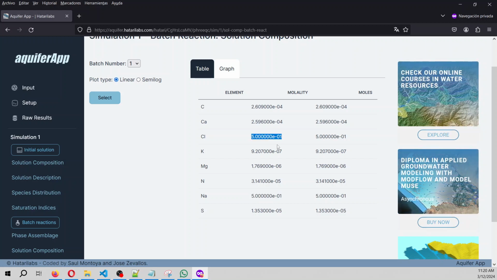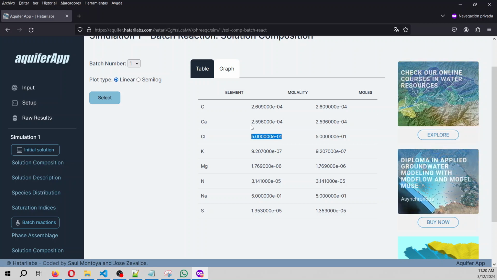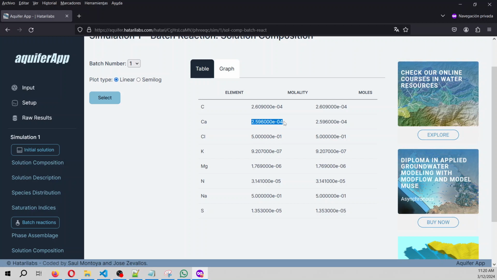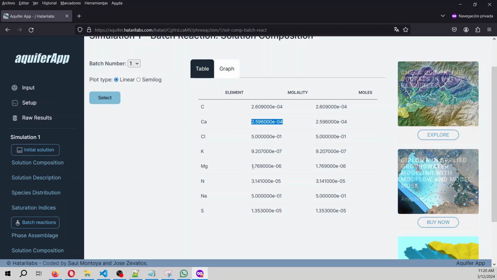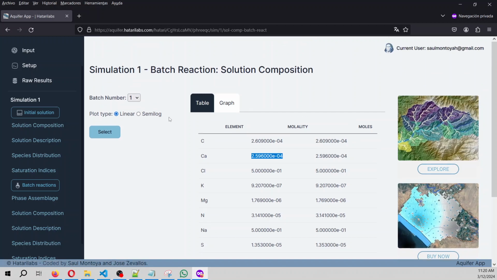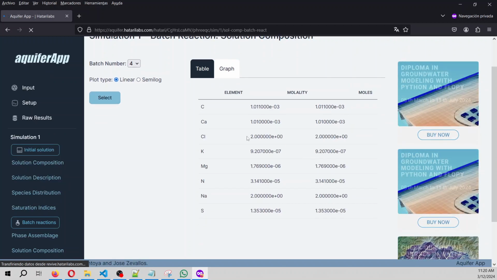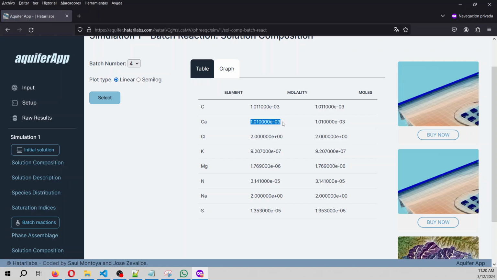As well we have 0.01 times 0.25 of calcite that adds calcium to our solution, while the magnesium and the nitrogen stay the same. For the last reaction, where we add 2 moles of sodium chloride, we also see that the calcium has increased.